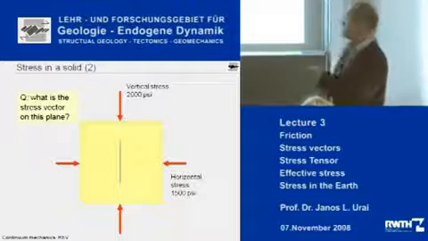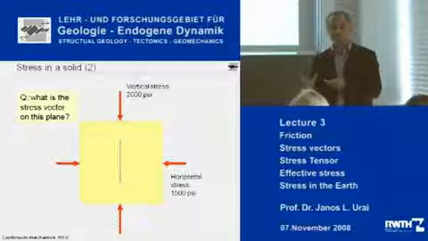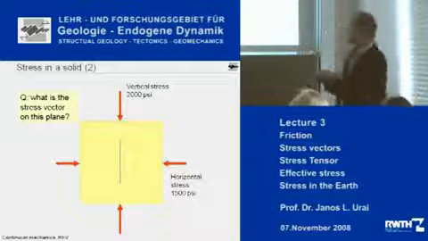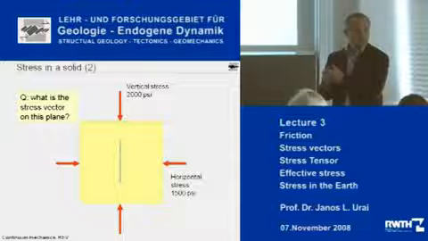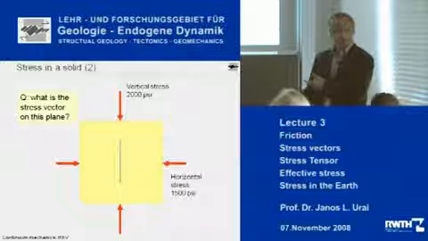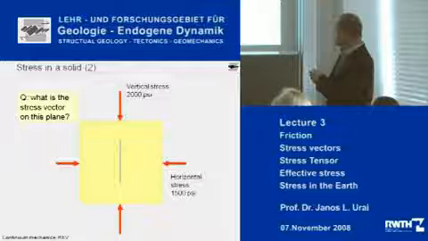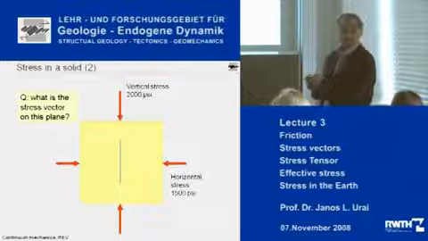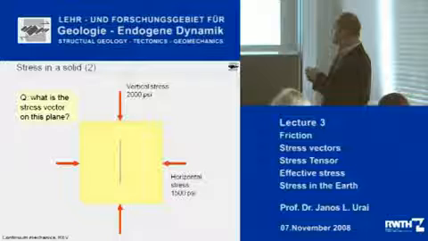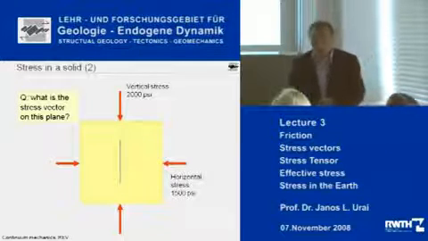So, what is the stress vector then? Well, in this very simple example, it's not so difficult to figure it out. Any forces which come from the vertical direction have no effect on the plane at all, because they are parallel to it. So, the stress vector on this blue plane is horizontal, and it is exactly 1500. This vector is just put onto that plane.